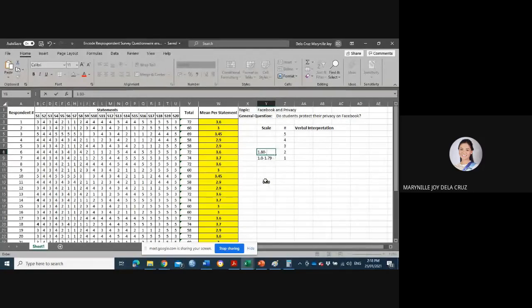So 1.80, we add 0.80. 1 plus 0.80 equals 1.8.